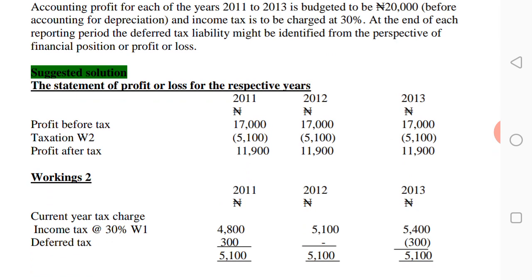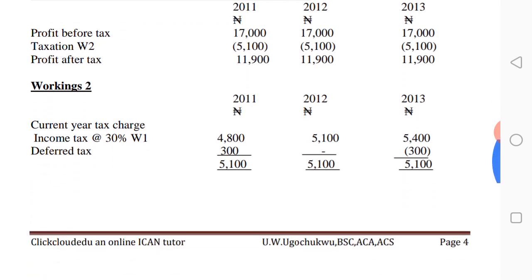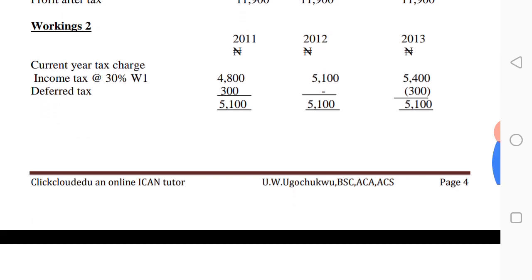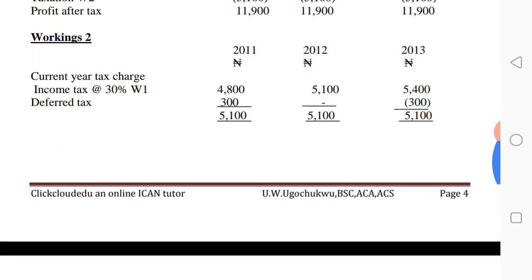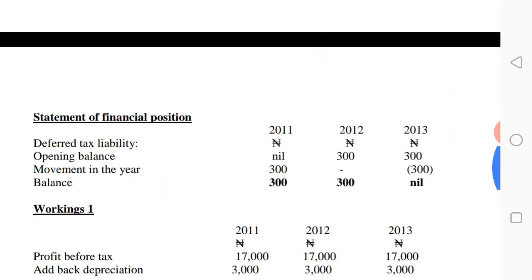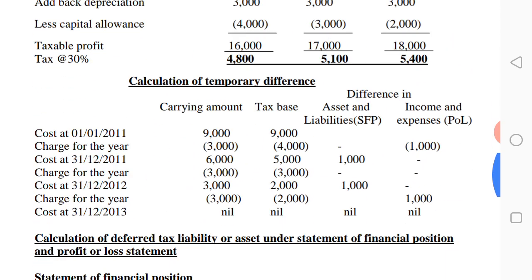Then that means we work back. Let's look at the workings to the taxable profit. Now our current tax for 2011 is 4,800, which is our income tax, as we will see from the adjustment.